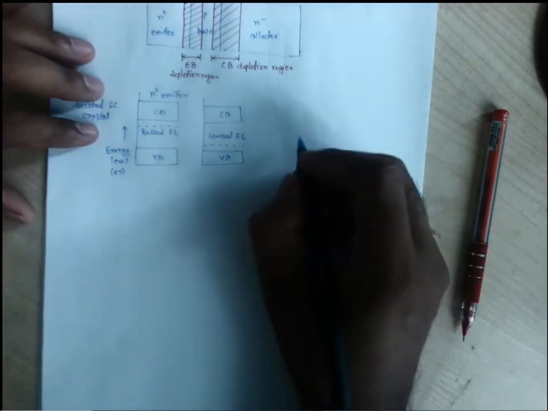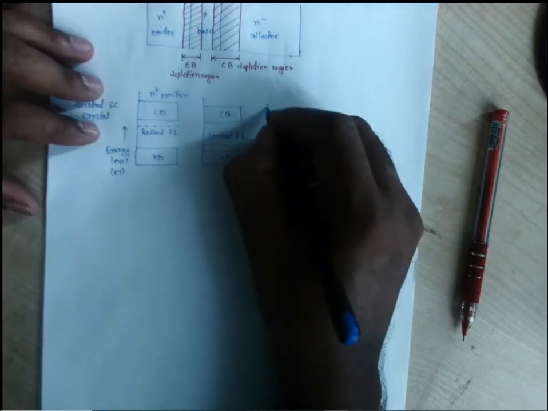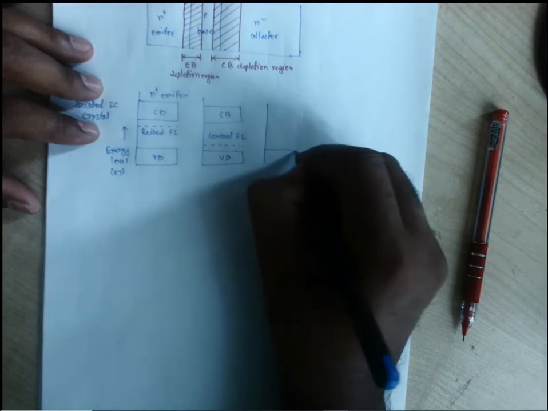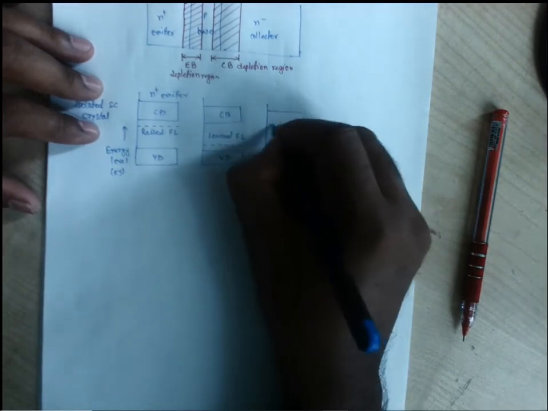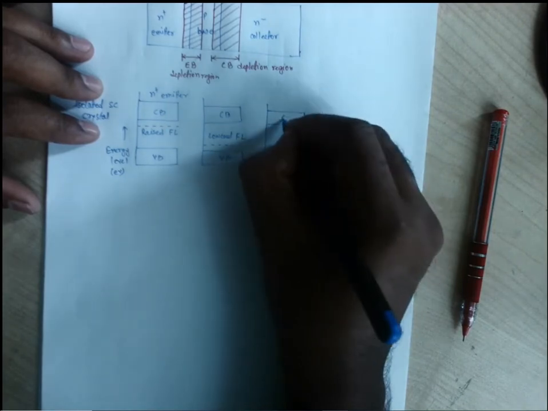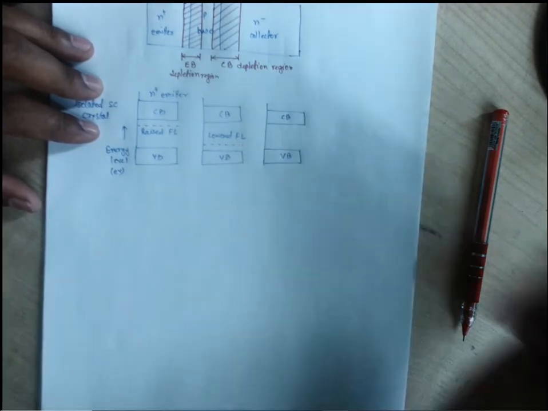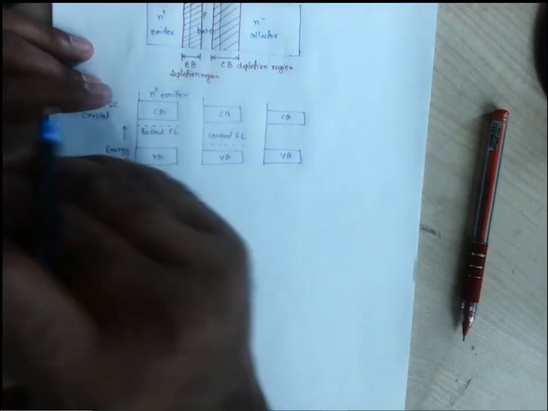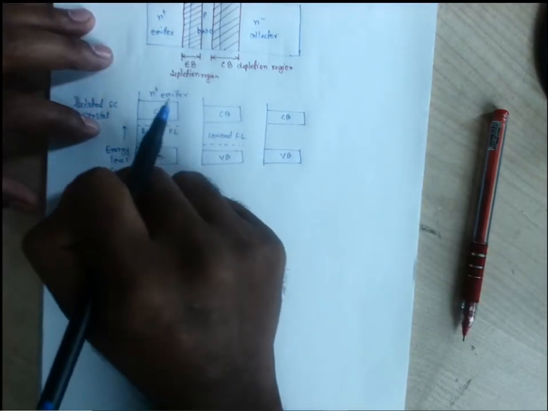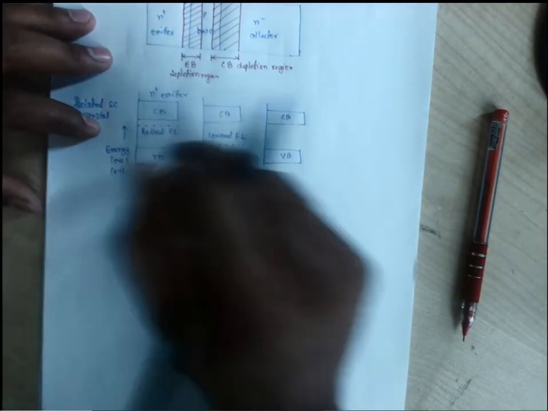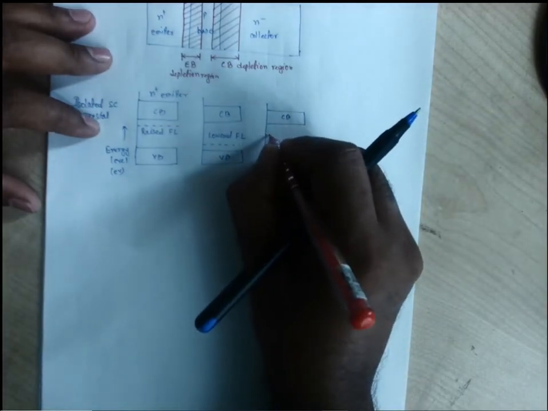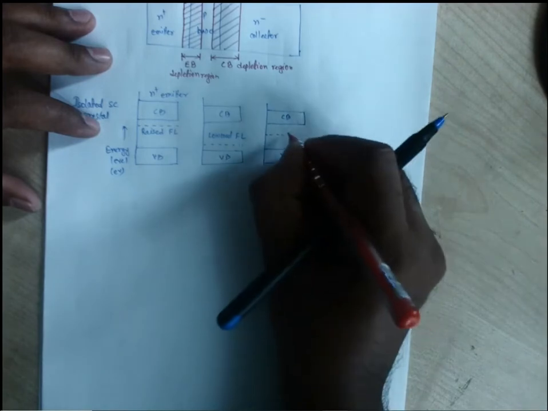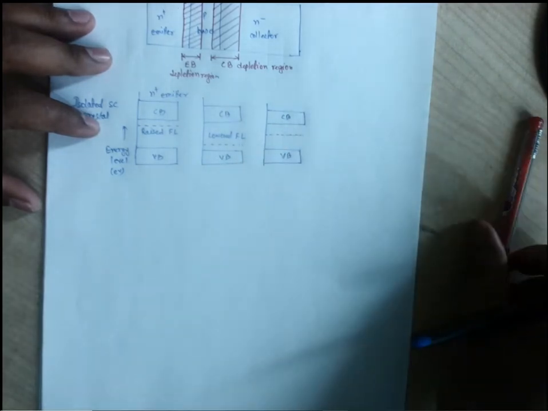Now for this N minus collector, as it is having quite lesser doping compared to the emitter, it is somewhat near to the center of the forbidden energy gap, slightly raised.